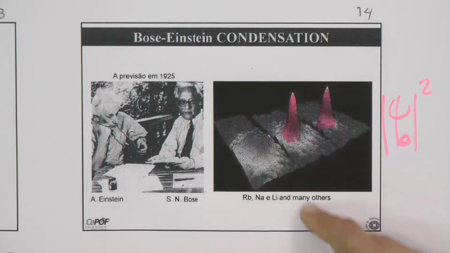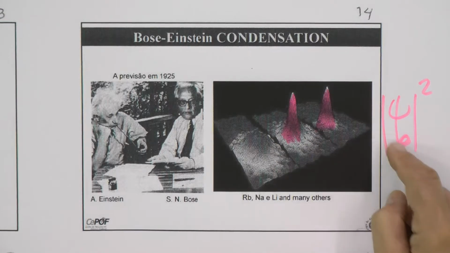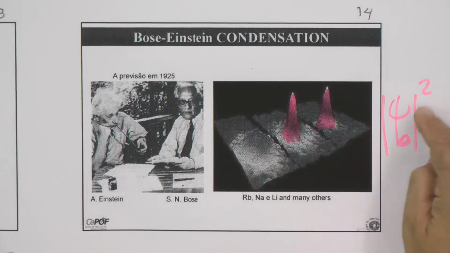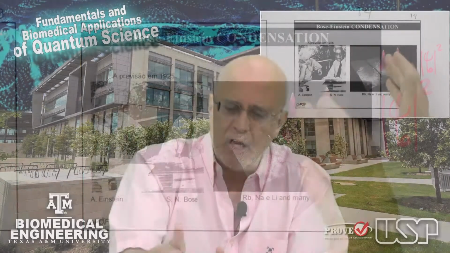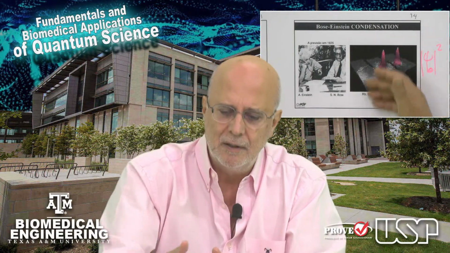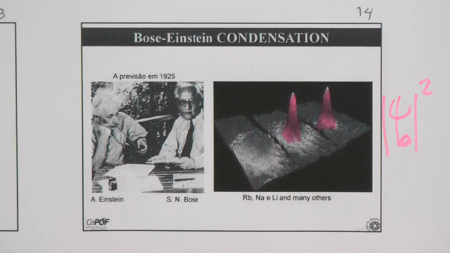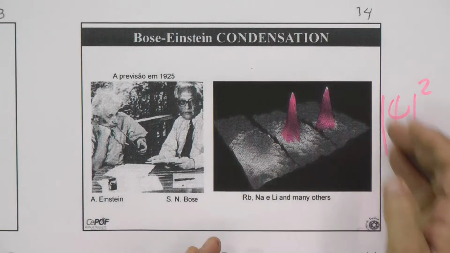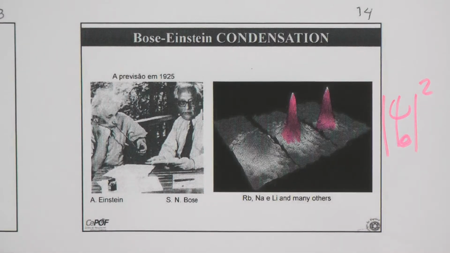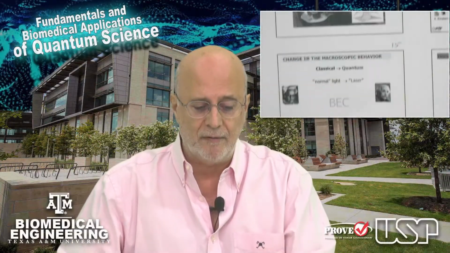And that's a mapping of the wave function squared, because the wave function squared is the density of charge, or the density of mass in here. I'm mapping the density of particles in space, which is a picture of the real wave function squared.